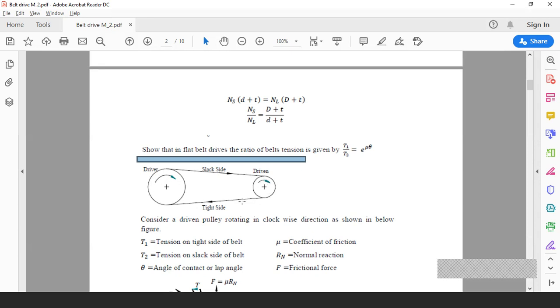During this rotation, the lower side of the belt is pulled by the driver and pushed on the upper side towards the driven. Due to this pulling action, the tightening, that is the expansion of the belt, takes place. And because of the pushing action over the top side, the contraction of the length of the belt takes place.